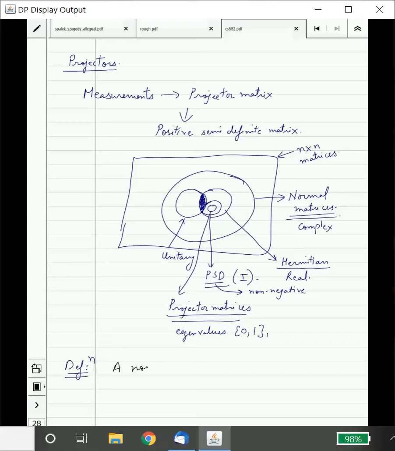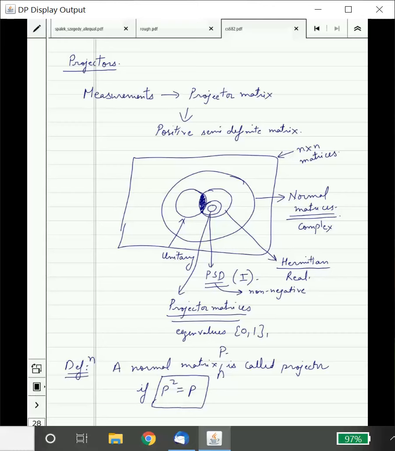The way I am going to define a projector is: a normal matrix is called a projector if P square equals P. A normal matrix, let's say P, is called a projector if this equation is satisfied. You have seen that for all these classes, we define some other characterization, and then we show that that definition is actually equivalent to some property of the eigenvalues.